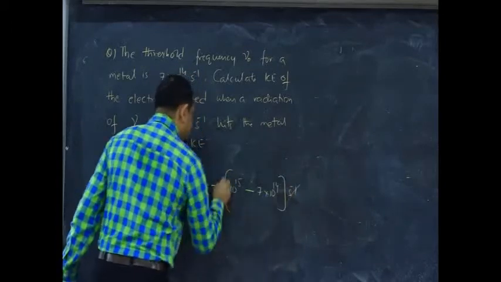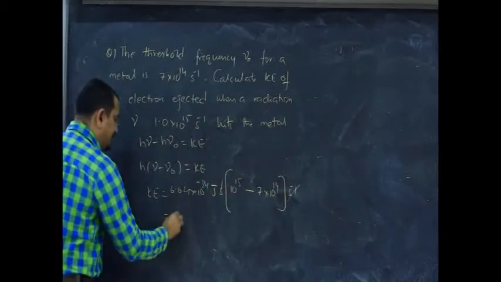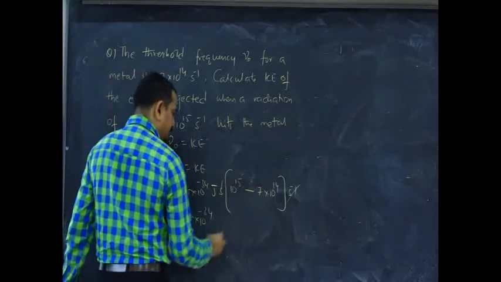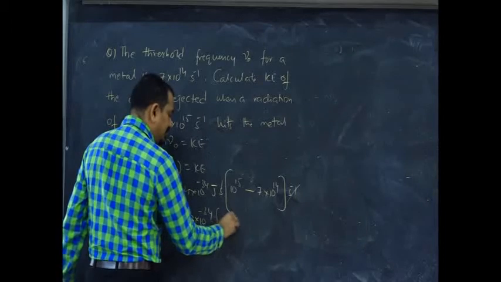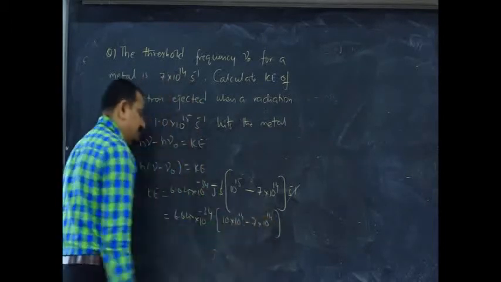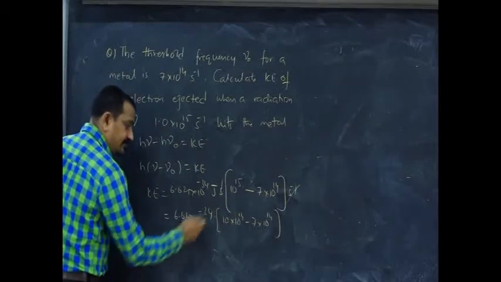Second inverse is cancelled. So that is 6.625 into 10 power minus 34 into 10 into 10 power 14 minus 7 into 10 power 14. We have to simplify that. 10 minus 7, with 10 power 14 common, is 3.